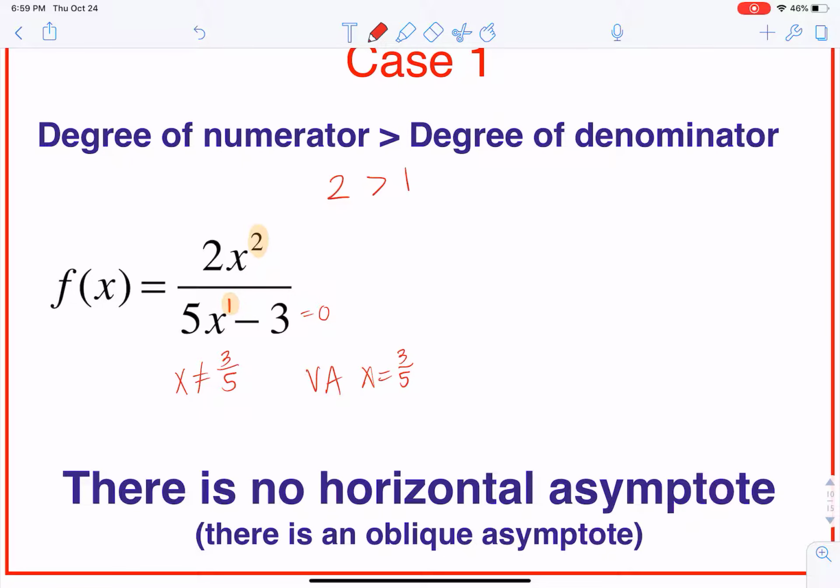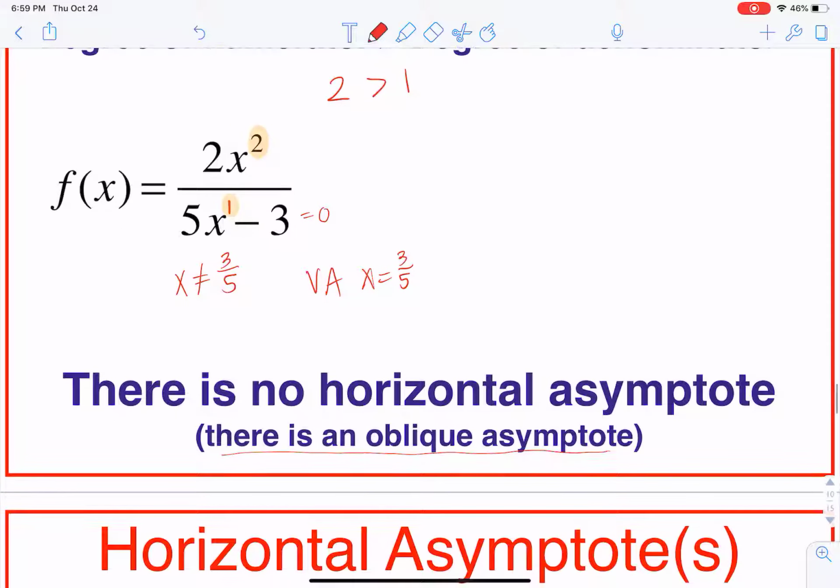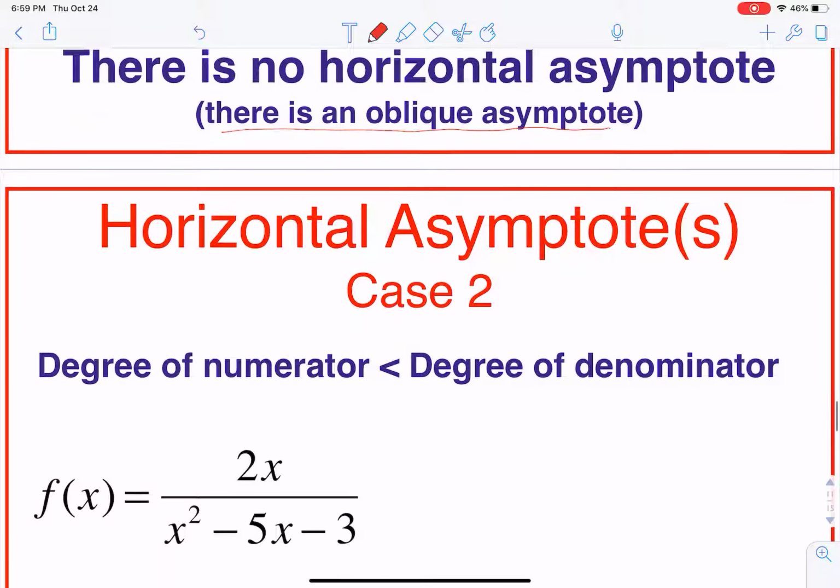There's actually an oblique asymptote, and if you're one of the students enrolled in the honors version of this course, I'll post another assignment and a few more videos for you, and we'll talk further about oblique asymptotes in these rational functions. For those of you not enrolled in the honors course, you're welcome to take a peek at that, but it won't be a graded assignment.